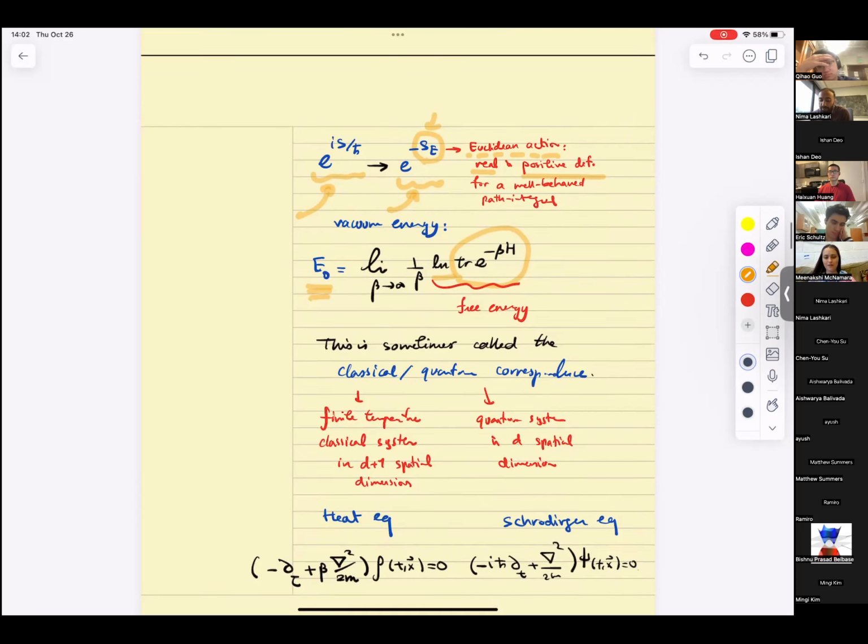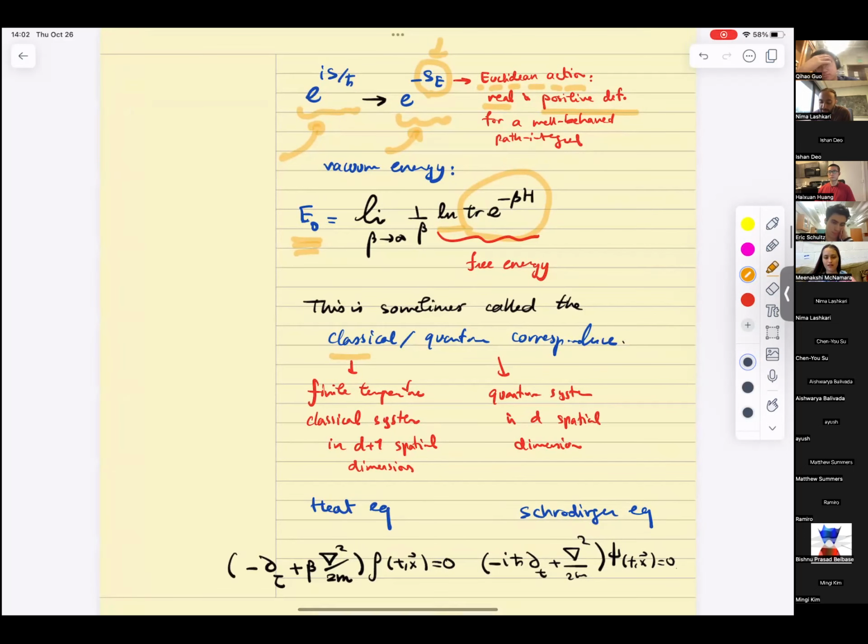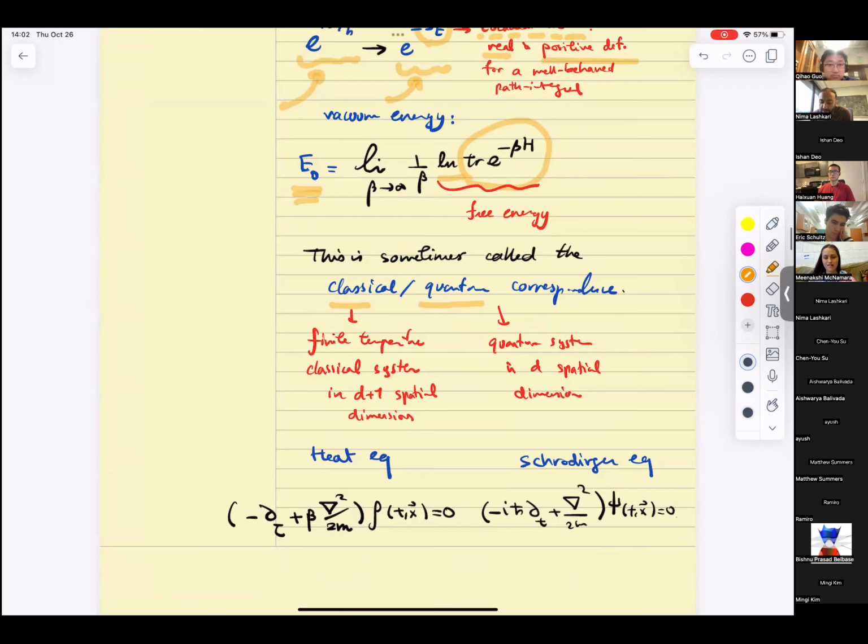This is a deep connection between classical and quantum. It is called classical quantum correspondence. On the classical side, what is important to keep in mind is that you're in finite temperature, you are in d+1 spatial dimensions. On the quantum side, you have a quantum system in d spatial dimensions. So you have traded in one extra dimension.